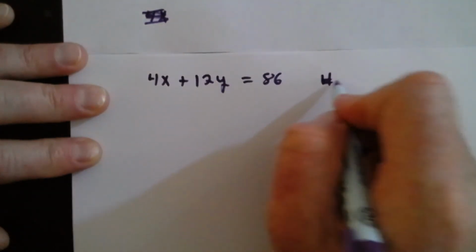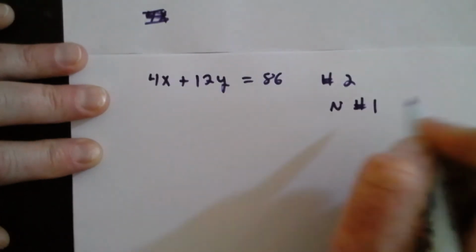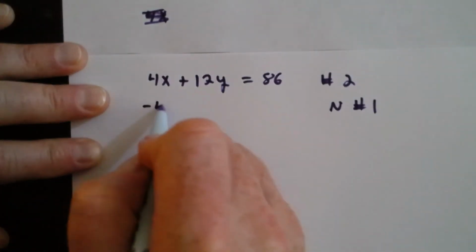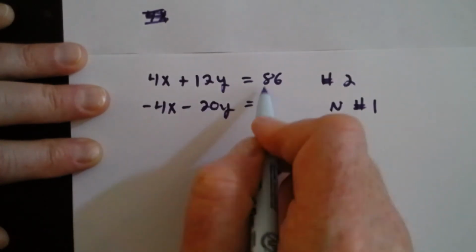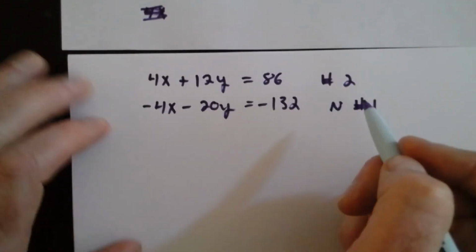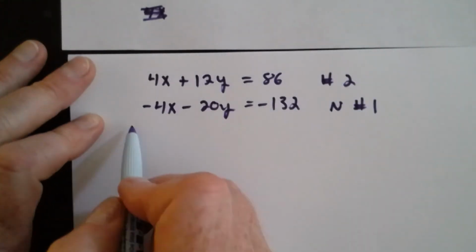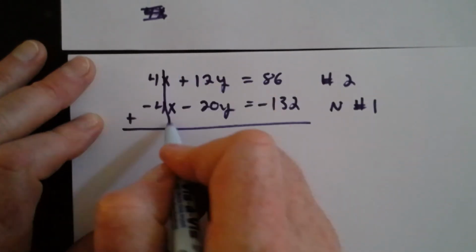That's our number 2. And then our new number 1 is going to be minus 4x minus 20y is equal to minus 132. And so we're going to use elimination, add these two together. Of course, the x's are going to cancel out.